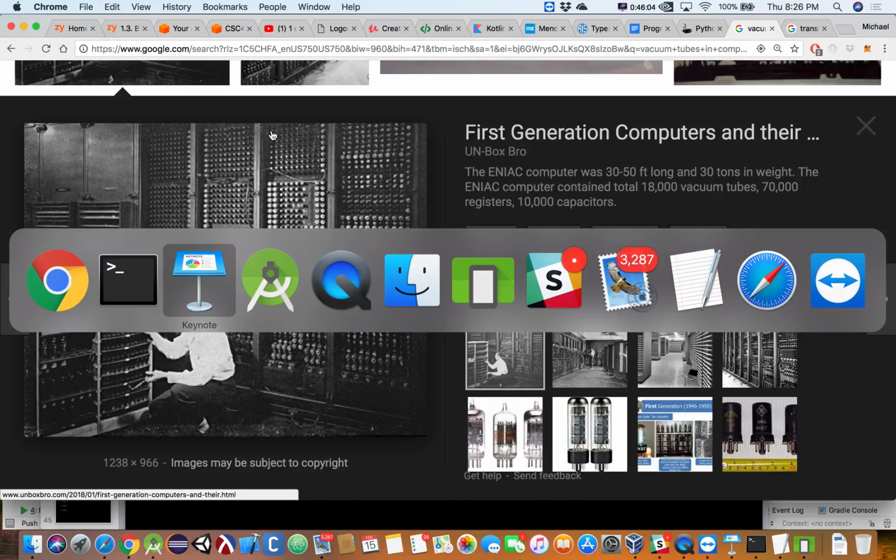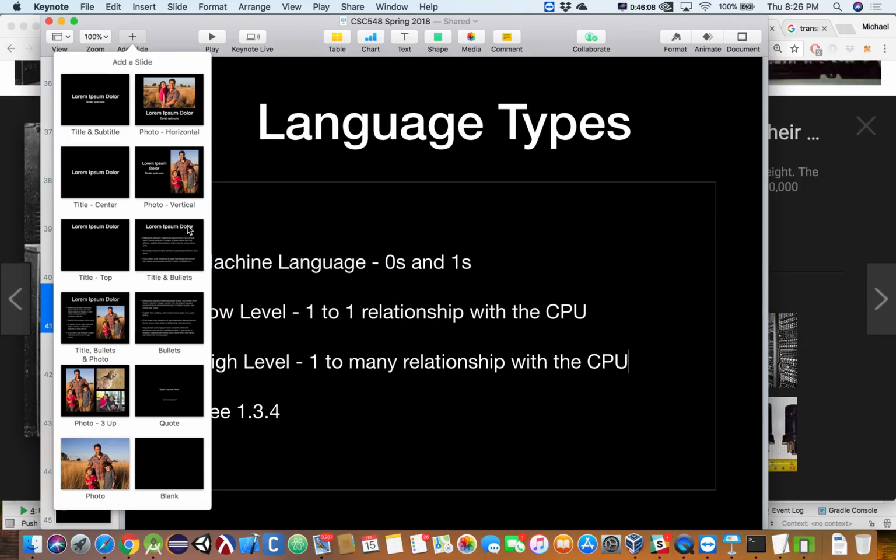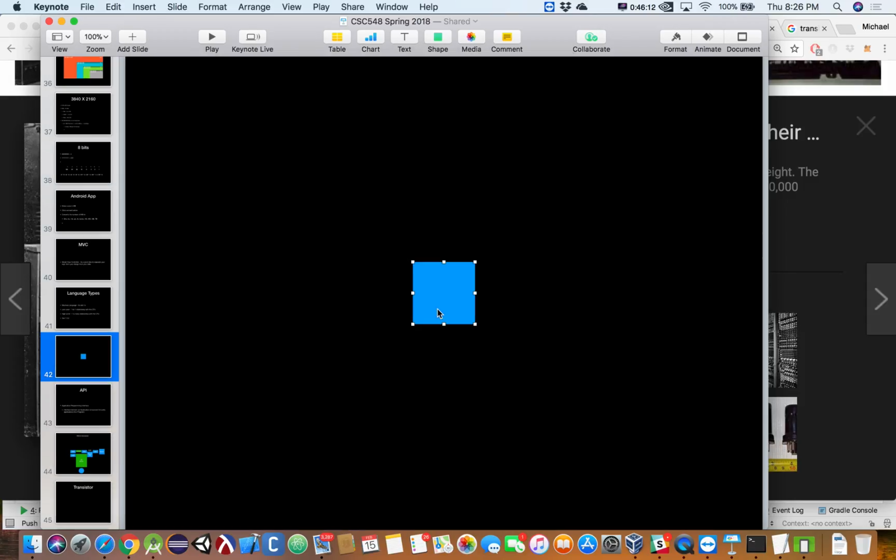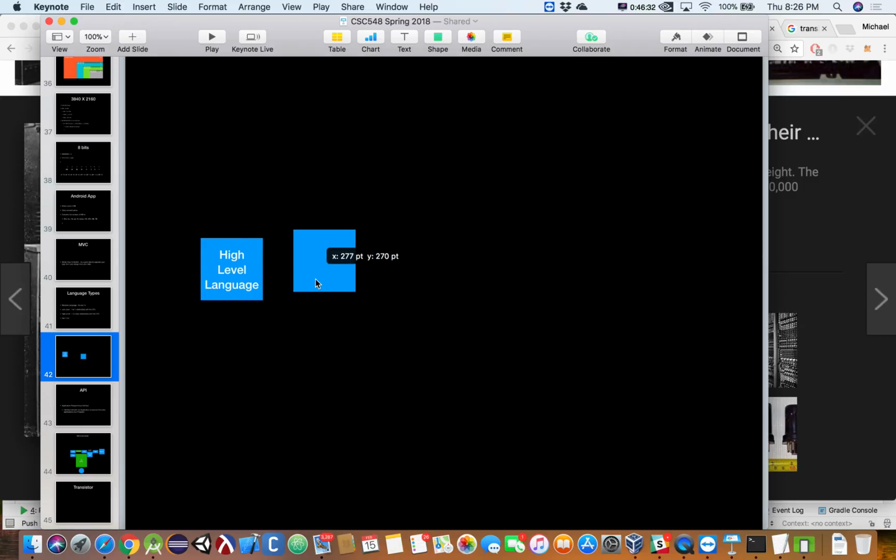So what ends up happening when we write our programs is we take a high-level language and we ship it into a compiler, which then turns it into a low-level language that we ultimately need to run on the CPU.